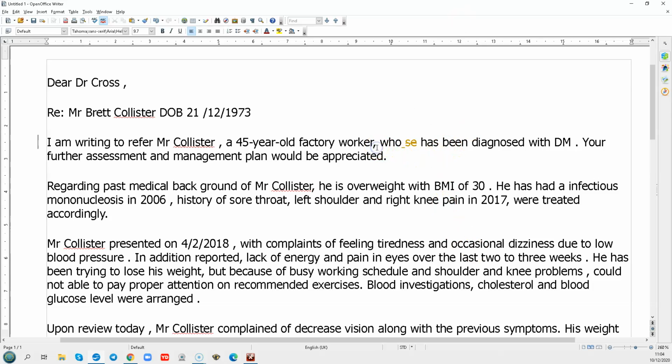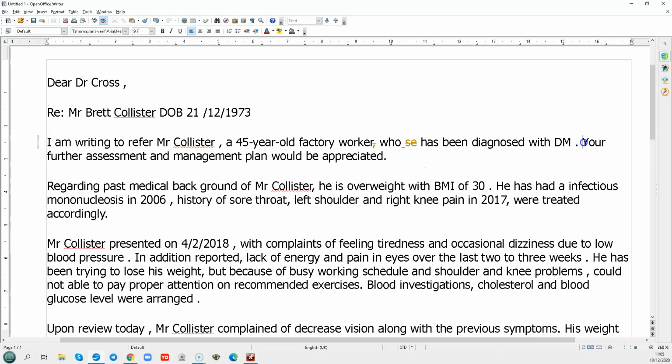Well, we don't need a comma. It's not a non-defining relative clause. You can put it there, a 45-year-old factory worker, but you don't actually need it. But the main thing is, it's who, not whose. It's not possessive. Who has been diagnosed with DM.